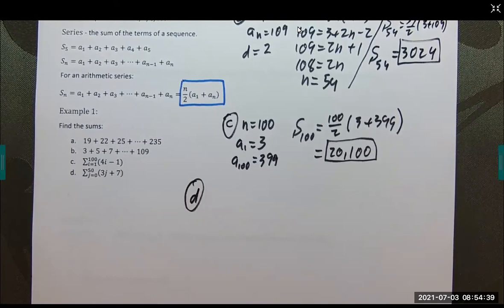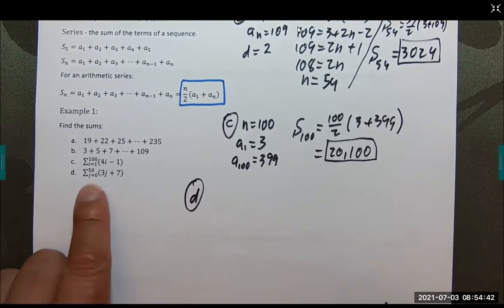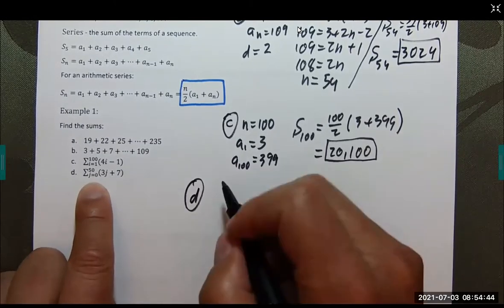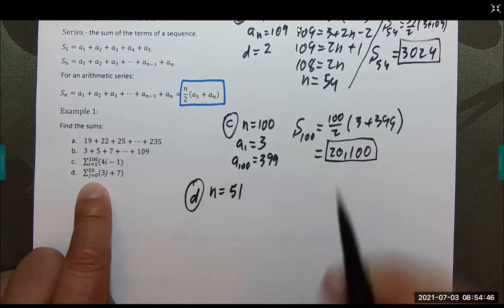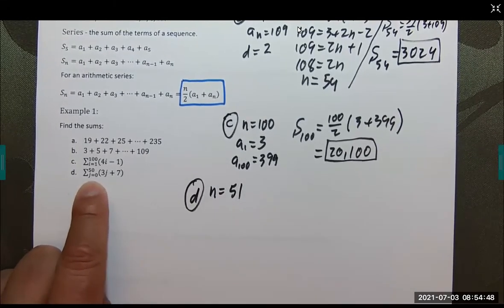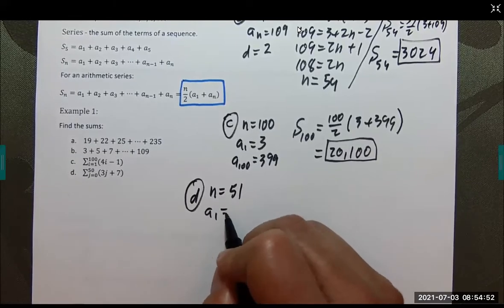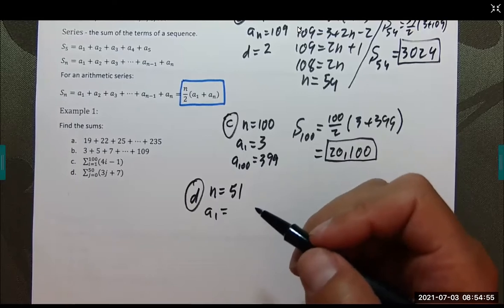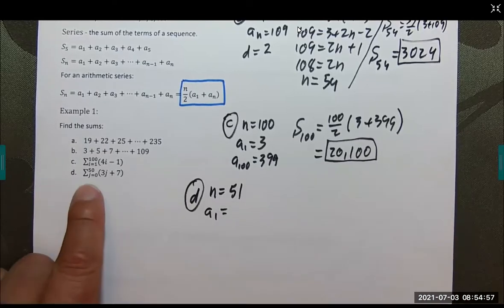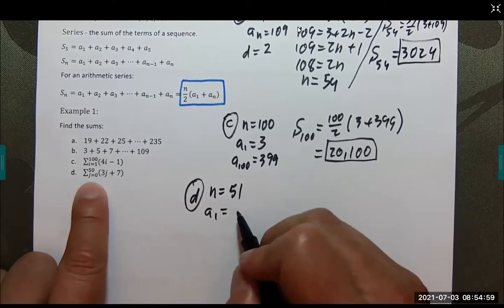Now, for this one, we've got to be a little careful. Here we're starting at 0, so there's actually 51 terms. 0 to 50 is 51 terms. A sub 1, our first term, is going to be, plugging in 0, we get 7.